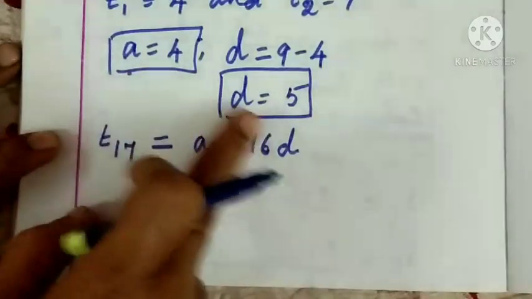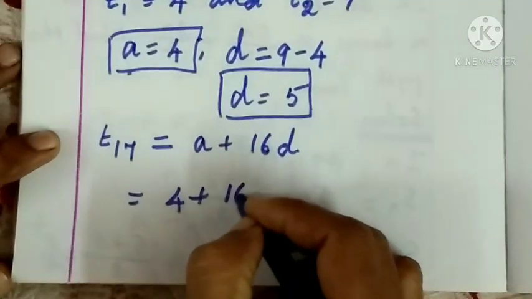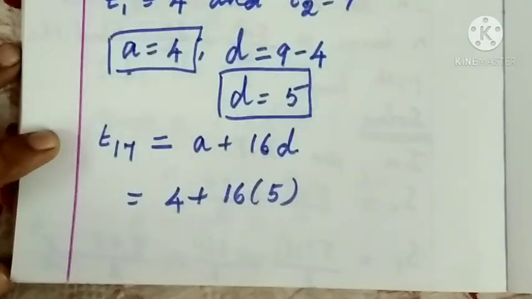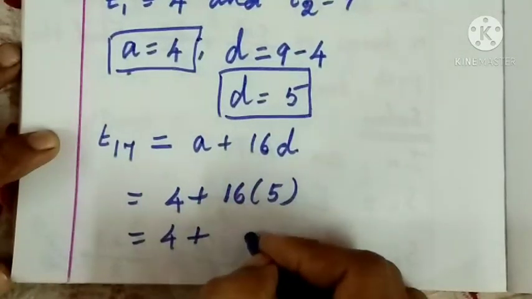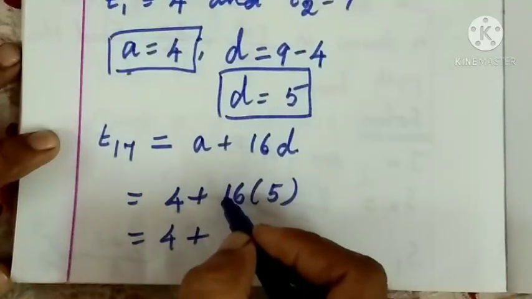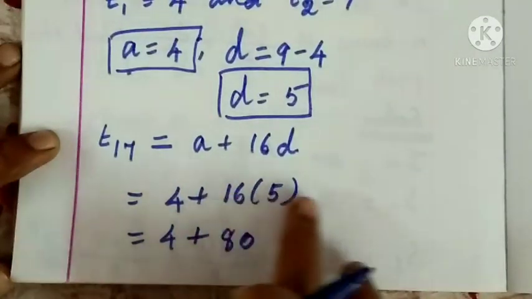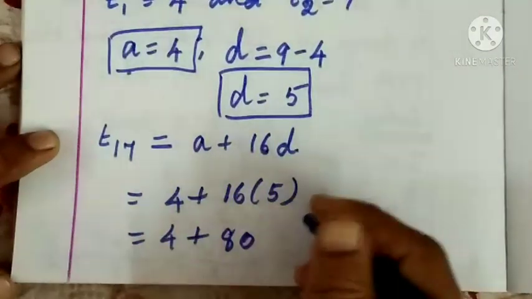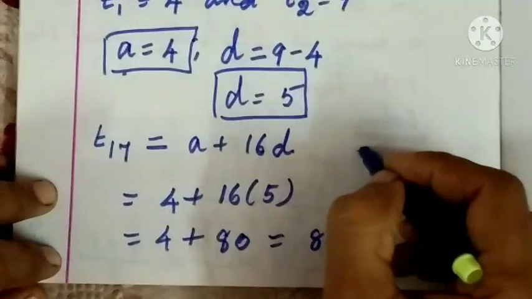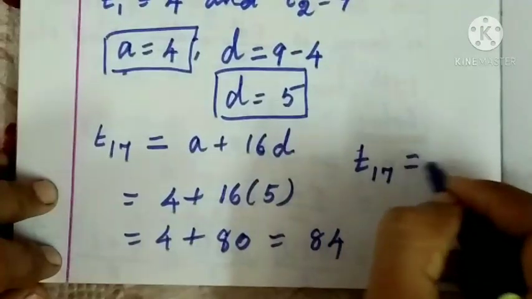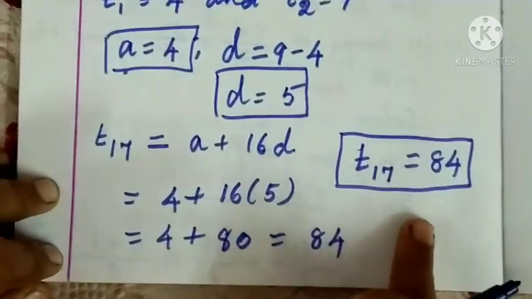Now apply these values in this form, means we get 4 plus 16 into 5. 6 5s are 30, remainder 3. 1 5 is 5 plus 3, 8. So 16 into 5 we get 80, which gives 84. Therefore, the value of T17 is equal to 84. This is the answer for this question.